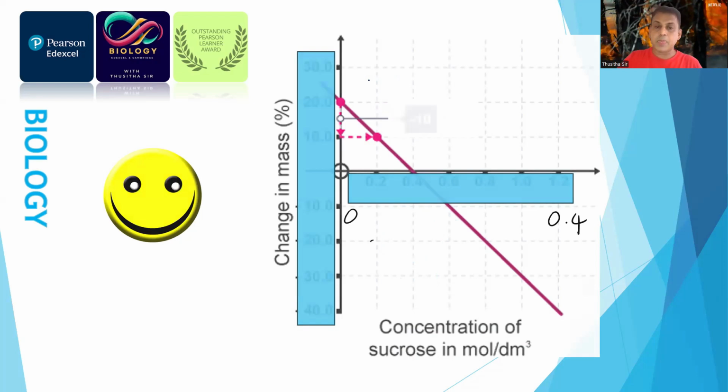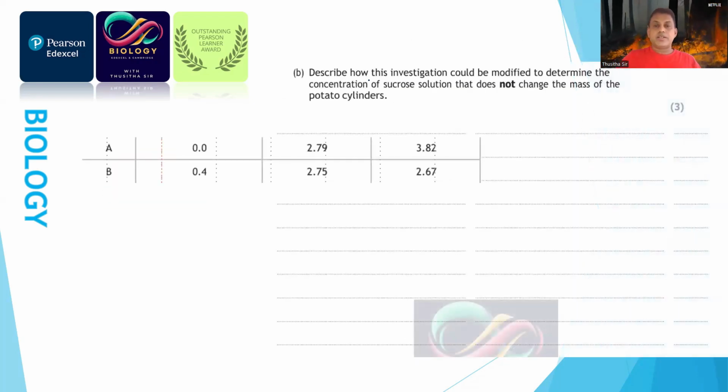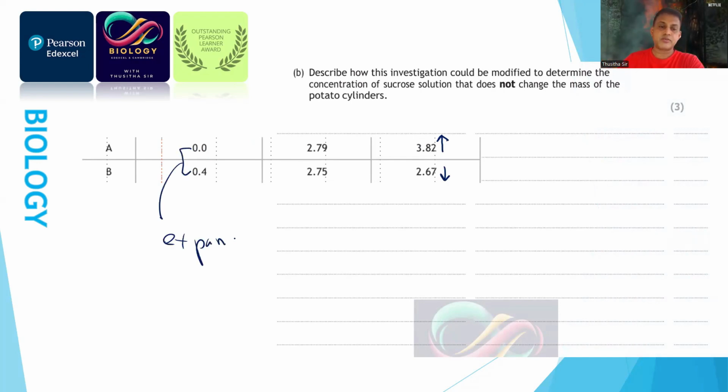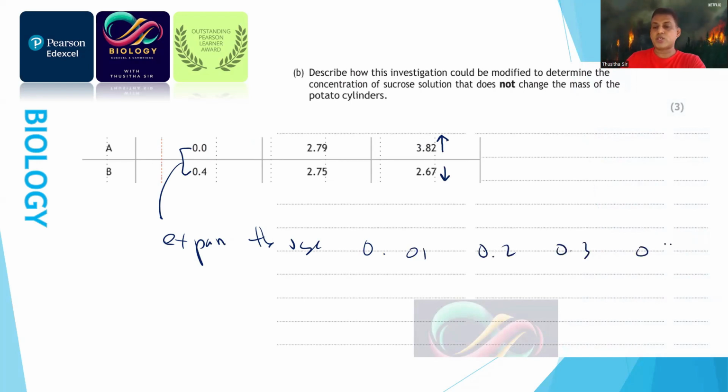For this investigation, describe how this investigation could be modified to determine the concentration of sucrose solution that does not change the mass of the potato cylinders. So we have to take a concentration between 0 and 0.5 because here mass increases and here mass decreases. So we need a range now that we have to expand. For example, 0, 0.1, 0.2, 0.3, 0.4.